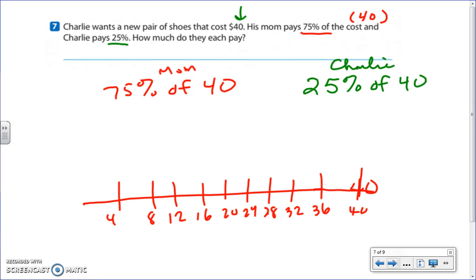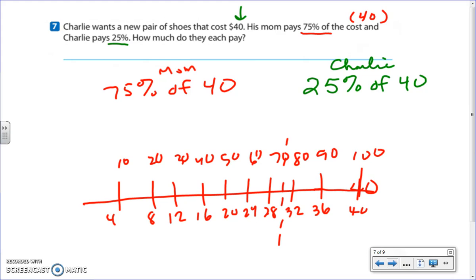Each of these represents a percent. I can make this big chart, and it looks like I'm already halfway done with it anyway. So 75% would be halfway between 70 and 80, right there. So I would know it would be 30. That is a lot of work to do for every single one of these problems, although I could also see the green one as well. 25% would be right here, halfway between 8 and 12, which would be 10.